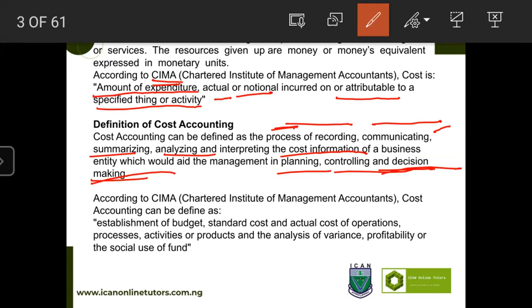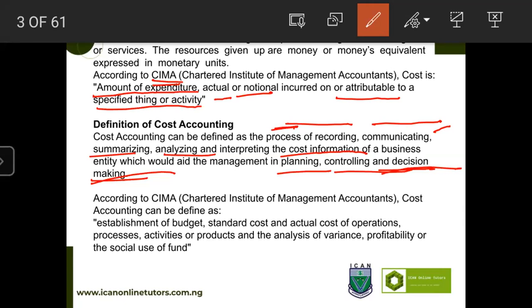Having said that, CIMA also defined cost accounting. According to CIMA, cost accounting is the establishment of budget, standard, and actual cost of operations, processes, activities, and products, and the analysis.